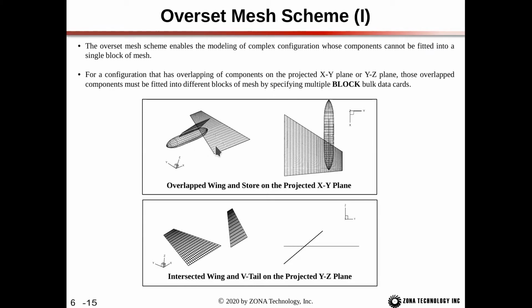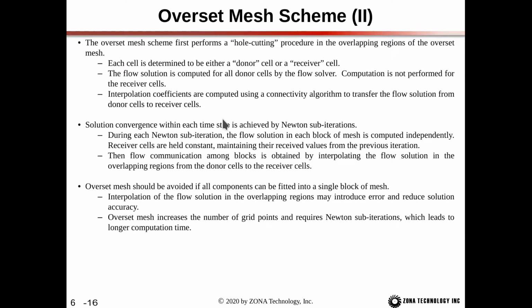And then meanwhile, in the main block, the interior cells that contain the pylon and the store here would be receiver cells. So the flow solution of these volume blocks that would overlap with the store here are the receiver cells in the main block. So they're receiving the flow solution from the store block.